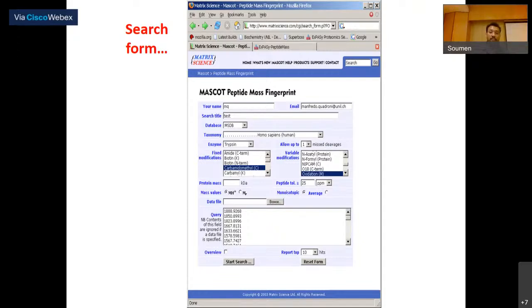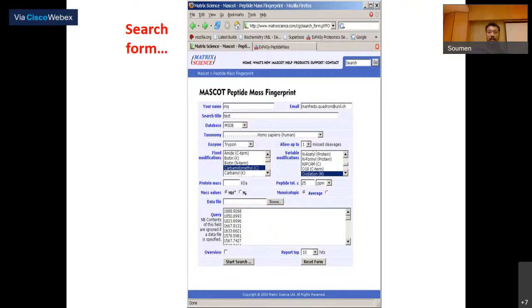Once you mention which enzyme you are going to use, then it will fragment accordingly. And you can also mention different types of modifications that might be present, like many a time we have biochemically modified protein and stuff like that. So those are different types of modifications that you can define, and then these are fixed modifications that you are doing intentionally.